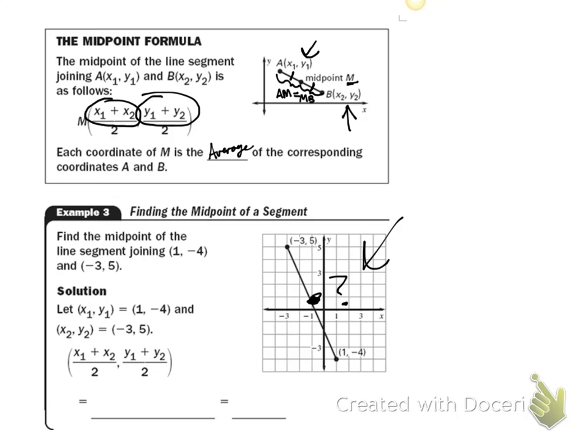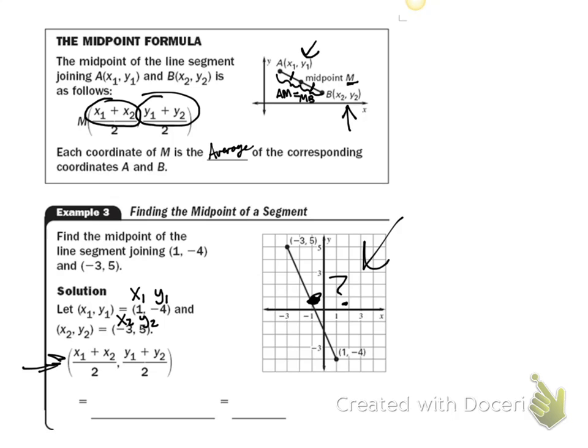Now, to use that formula from above, it's a good idea to label each coordinate as either x1, y1, and x2, y2. In this case, I'm going to let (1, -4) be our x1, y1, and let (-3, 5) be the x2, y2, so I can plug it in the formula. The midpoint formula is restated right here for you.